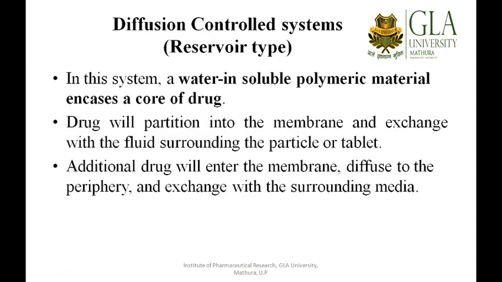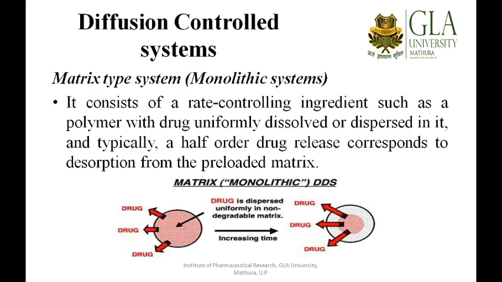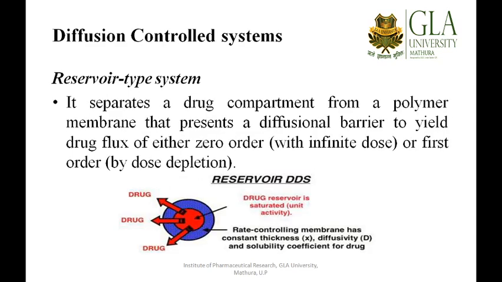So let us discuss one by one both of these systems. First we shall be covering the reservoir type. In this system, I have just highlighted this point: water insoluble polymeric material encases a core of the drug. Let me take you once again to this diagram, this particular reservoir type.